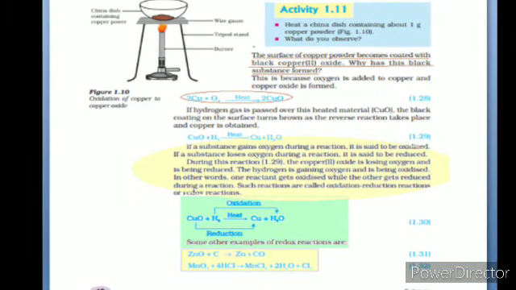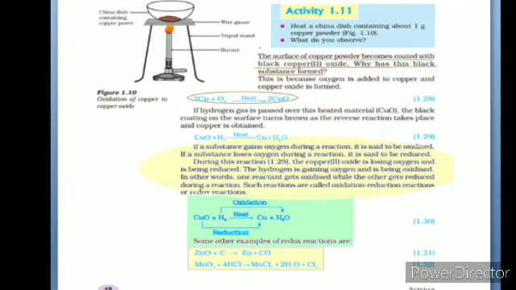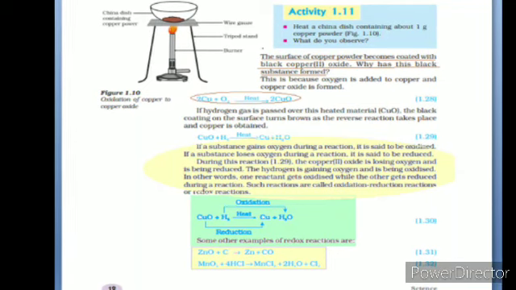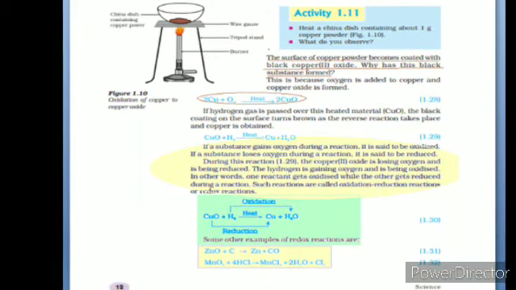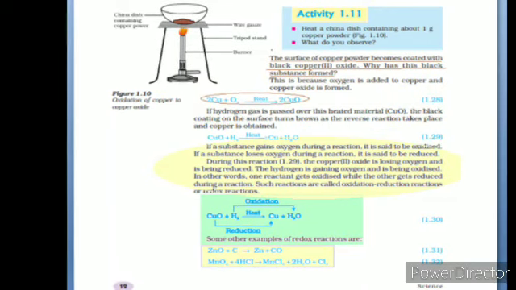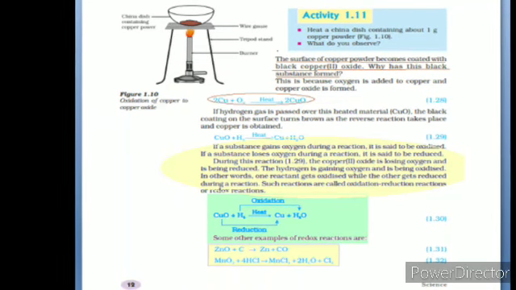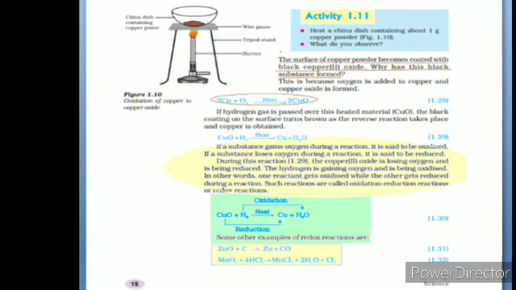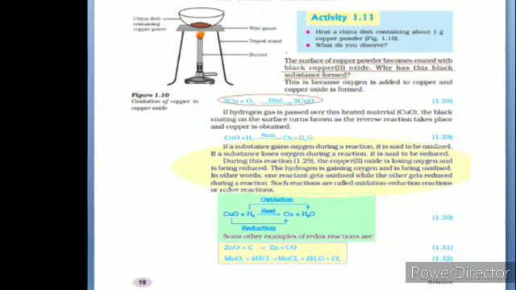When you heat copper, it reacts with oxygen gas to form copper oxide, which is black in color. Here again you will see copper oxide is reduced to copper as it loses its oxygen, whereas hydrogen gas gains oxygen, so it gets oxidized, right?